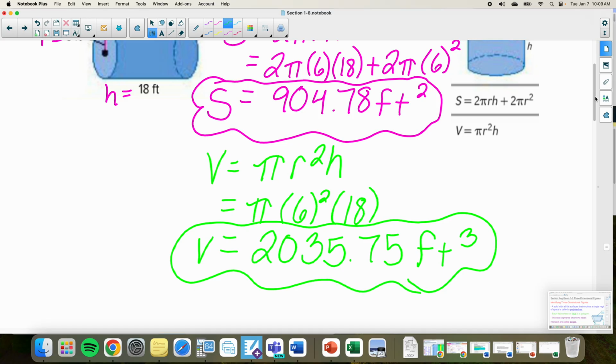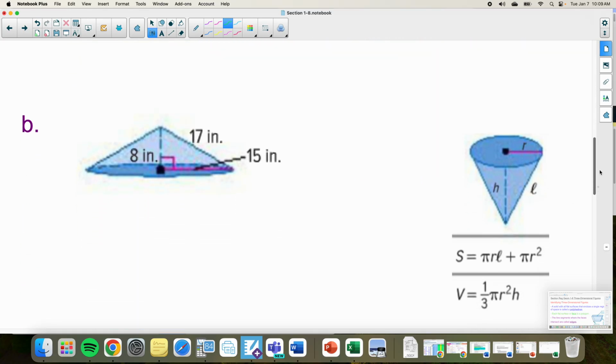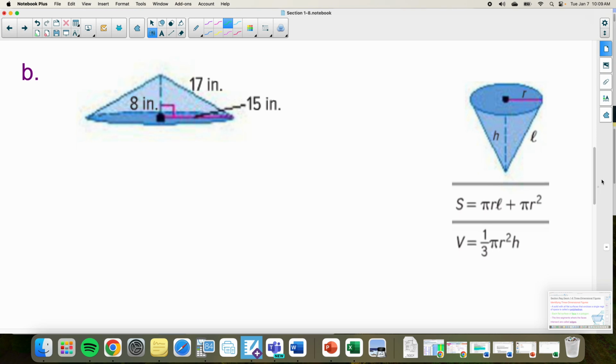Okay. Now we're gonna go down and do the last one. This is kind of like a smushed cone, but it's kind of a bad picture, but this is a circular base, so that is a cone, okay?